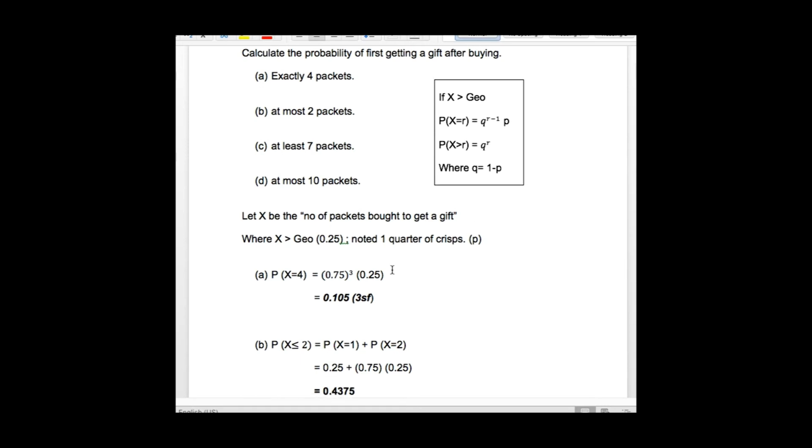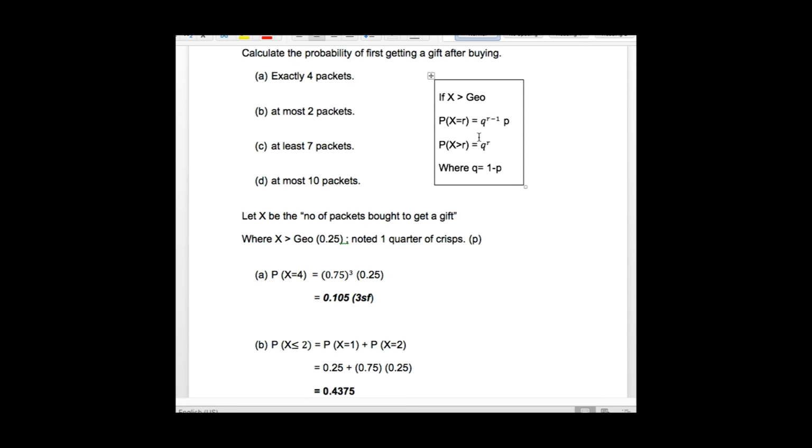Then q = 1 minus p. We substitute into the formula P(S = r) = q^(r-1) multiplied by p.